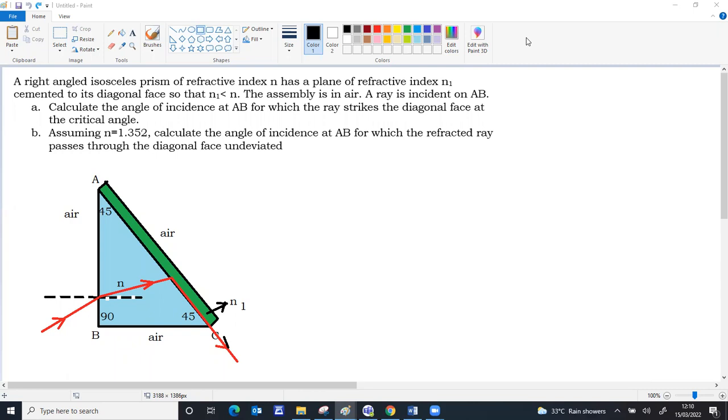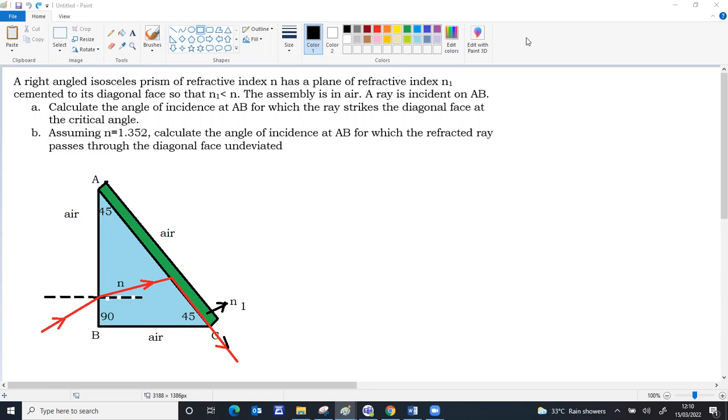So the diagonal face is AC. The green plane of refractive index n1 is cemented to the diagonal face AC. The value of n1 is less than n. That means any light from n to n1 will be going from a denser to rarer medium.